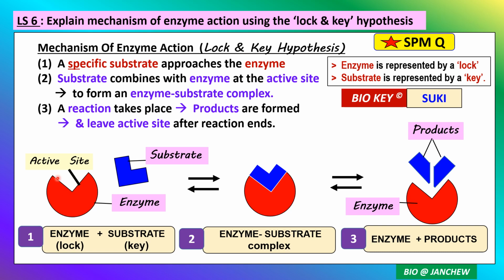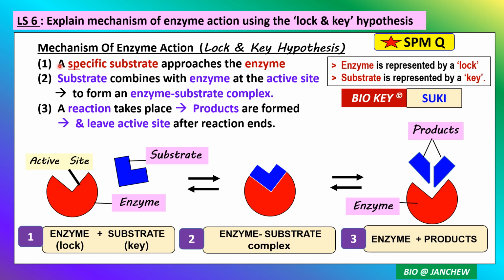So that's why the enzyme is represented by the lock, the bigger item, and then the substrate is the one that fits into the active site of the enzyme. So it's considered the key that fits into the lock. Okay, so remember that enzyme is represented by a lock and substrate is represented by a key. Remember Suki, substrate, key. Suki is a Japanese name for a girl.